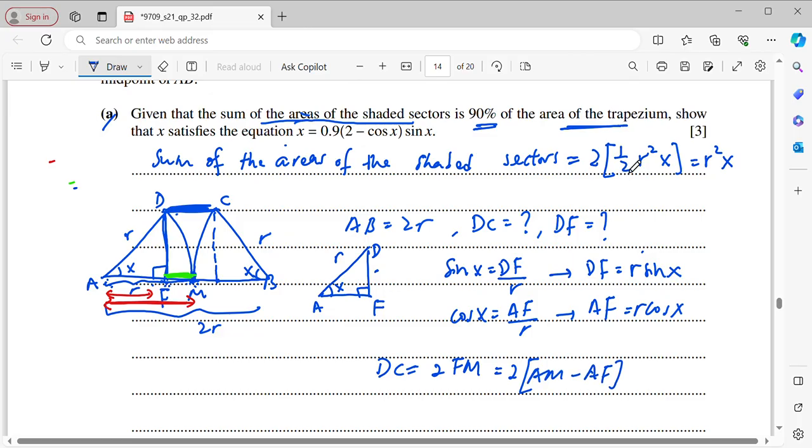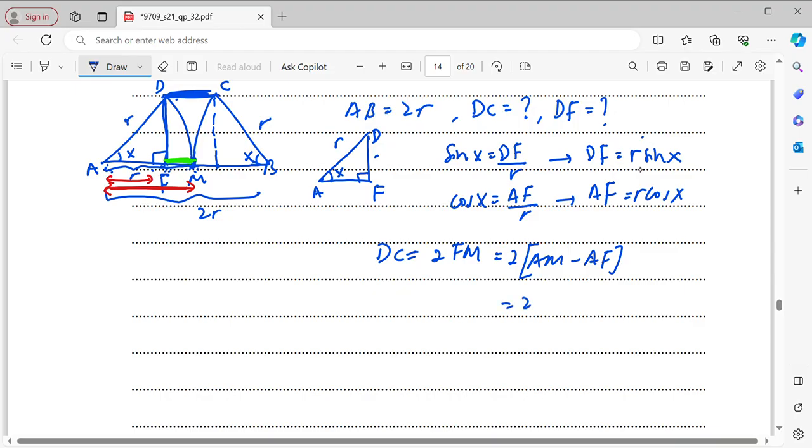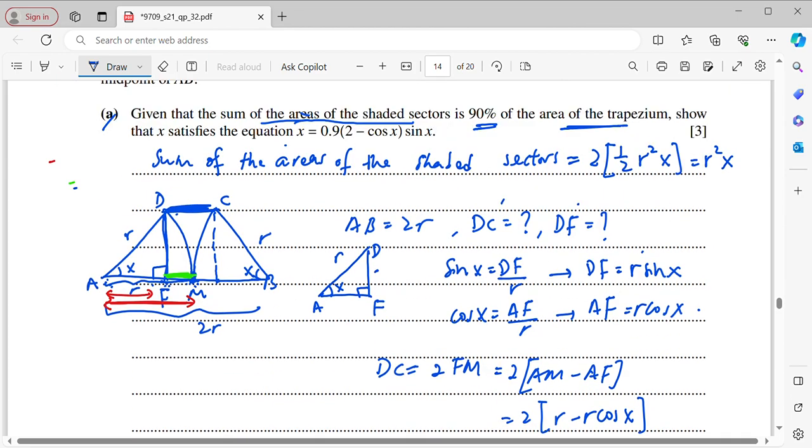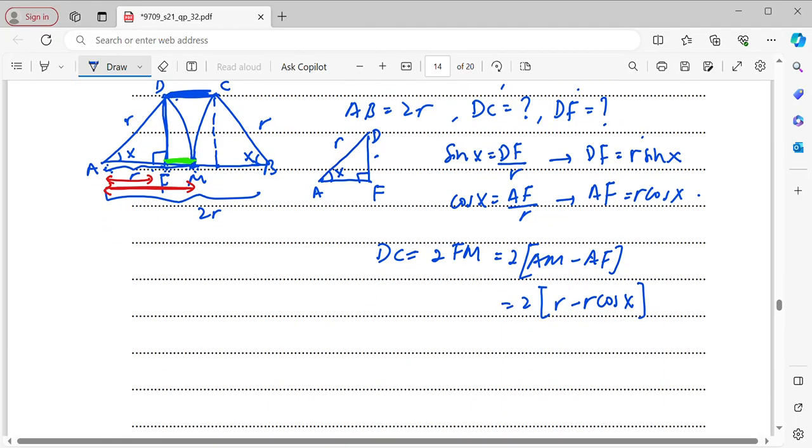So the AM is R. The AF we have just solved, R cos X. So then now from here I have found my BC, found my DF.